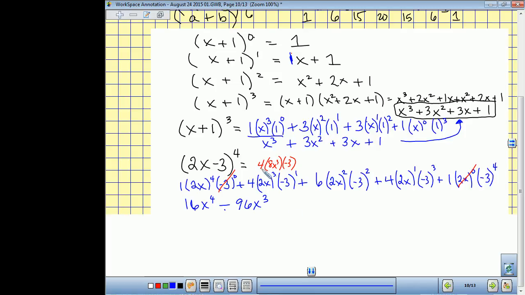Okay, let's do it a different way. Let's say 4 times 8 is 32, and 32 times negative 3 is negative 96. Okay, this is 6 times 4x squared times a positive 9. All right, 6 times 9 is 54, and 54 times 4 is 216.